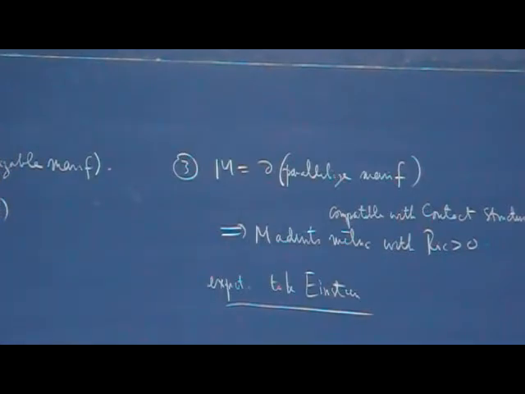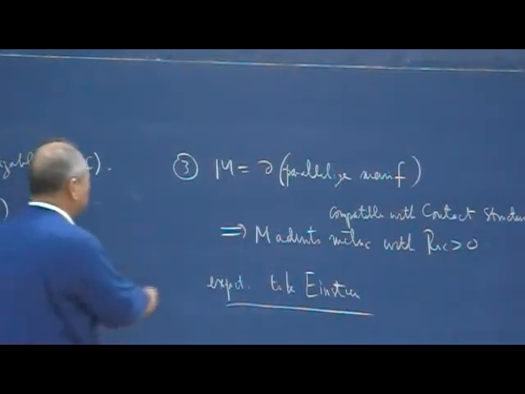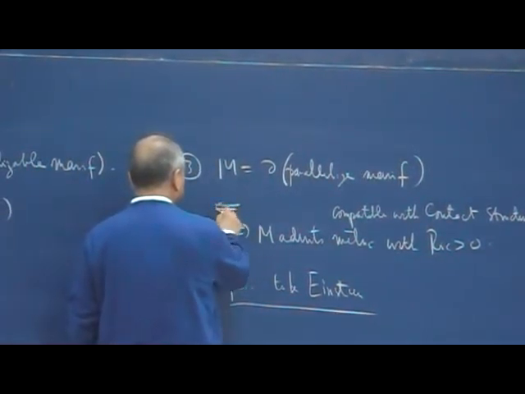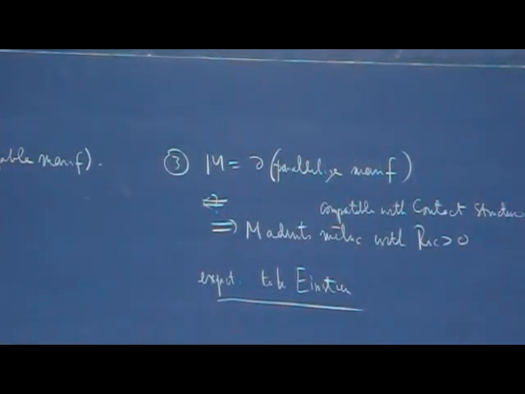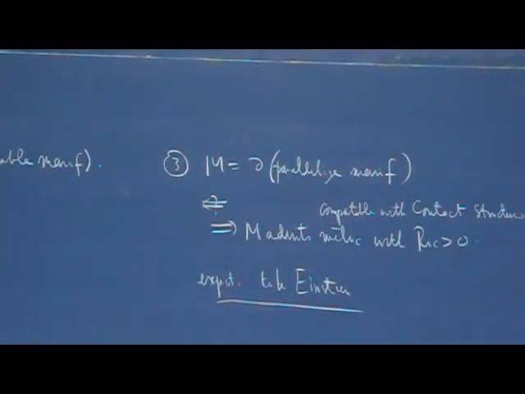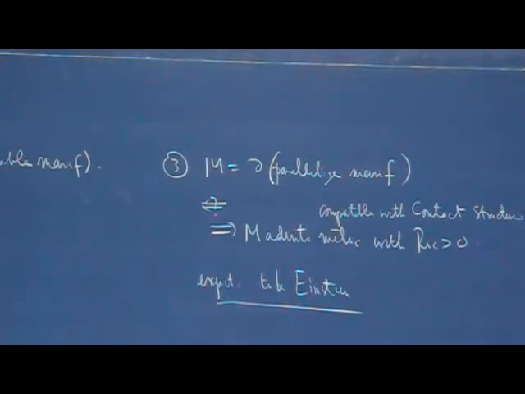One knows one side; I believe it may be true. So the question is, if a solid sphere admits a metric with positive Ricci curvature, whether it will automatically be the boundary of a parallelizable manifold.